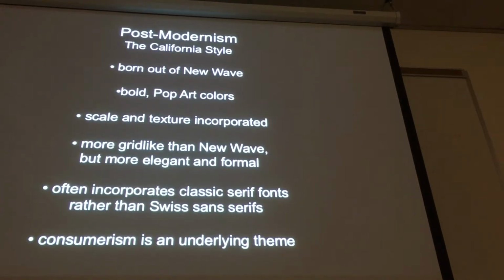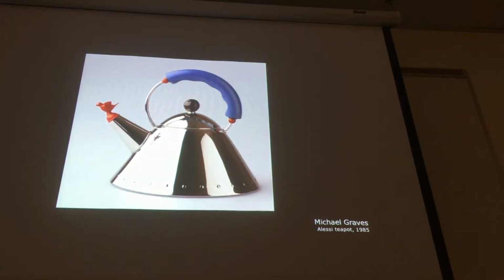And really, what's at the heart of what the California Memphis style designers are doing is a commentary on consumerism, on this plight of consumerism that we have going on. So I've shown you before the work of Michael Graves as an architect. Michael Graves was also stepping into the industrial design forefront and designing products.